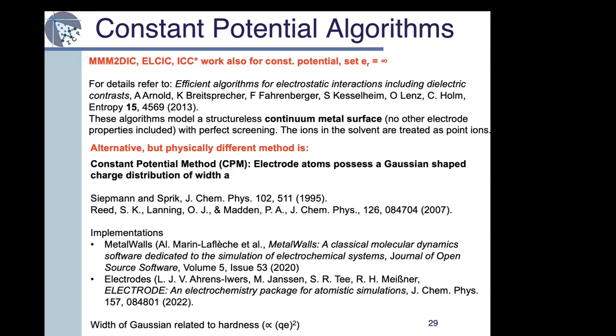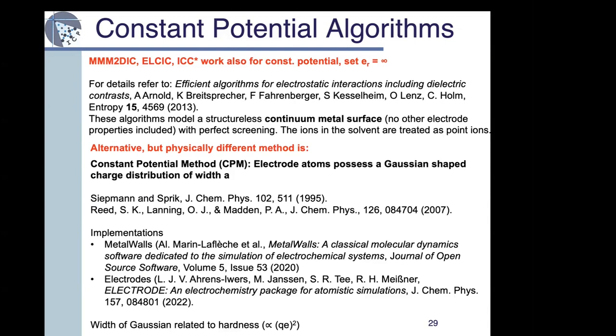Now, there's an alternative but physically different method, which is known under the name constant potential method, where you put actually Gaussians on your electrode atoms and you give them a certain charge distribution with alpha. And there was something which only recently became clear to me, because I always thought that must be somehow the same method.